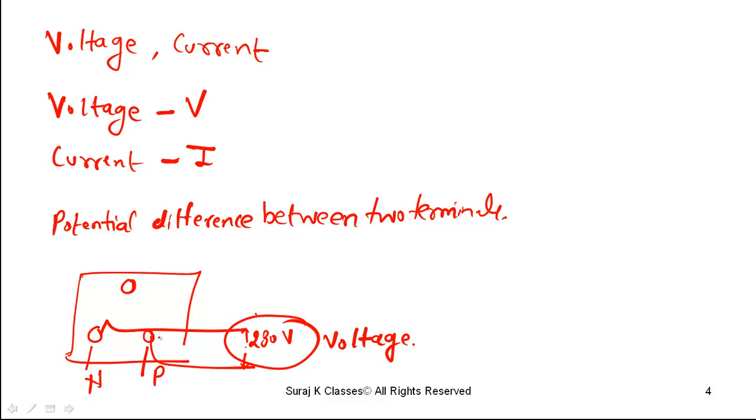If I compare this voltage with pressure, then this is a similar type of phenomenon. Let's suppose this is a water tank, right at the top of your roof. Let's assume this is your house, and there is a pipe going, and there is one tap here.